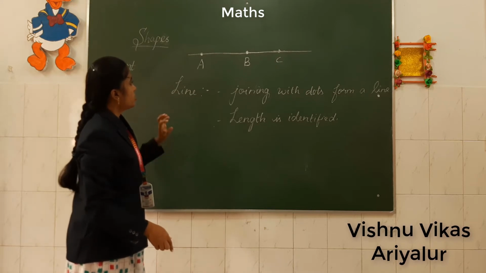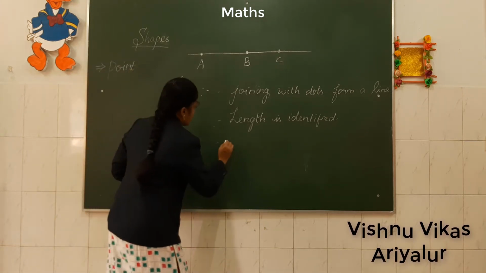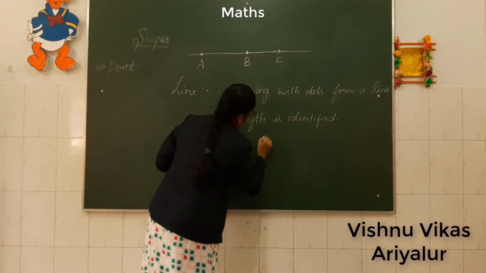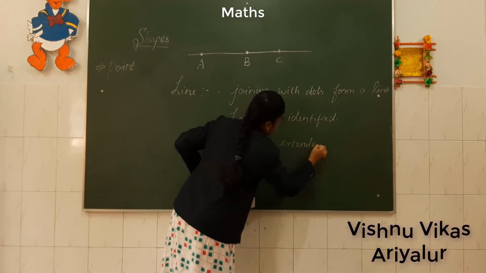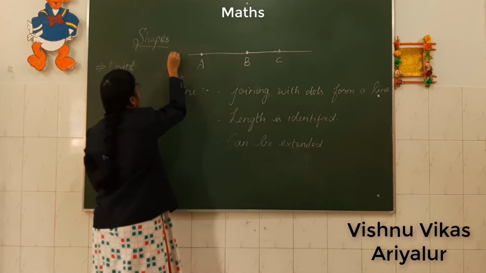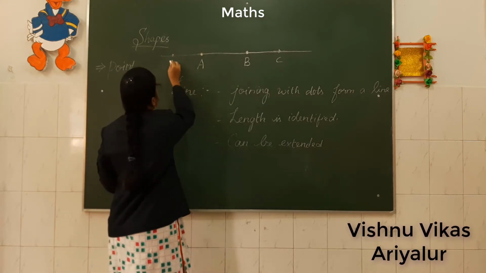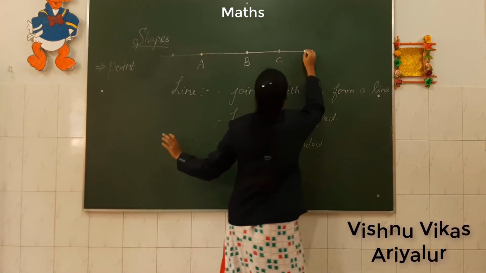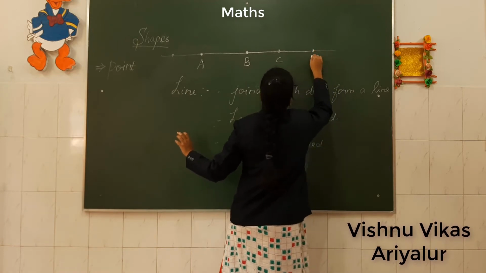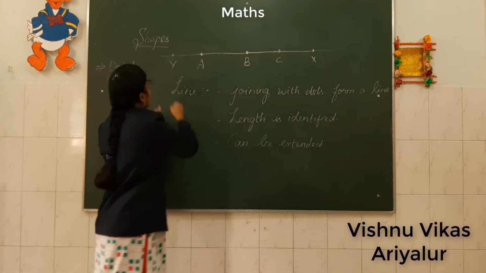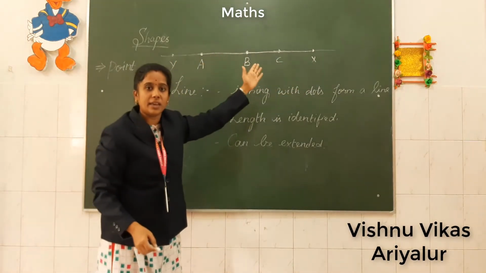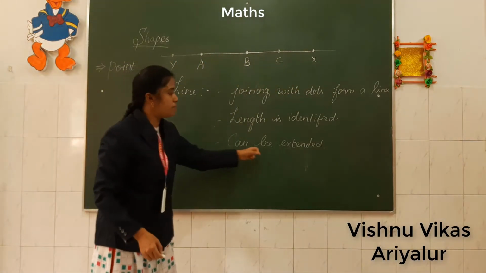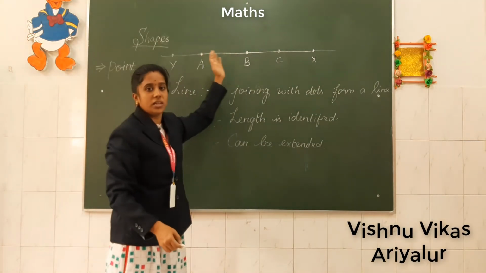Okay children, this line can be extended. Extend means what, children? I can place another dot here and extend it. And on the other side, I can place a dot here and extend it. So I can extend this line with as many dots as I like. It can be extended on both sides.